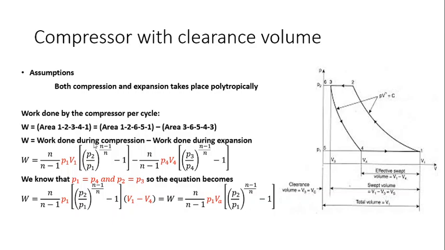Substituting the polytropic work done for compression and expansion, we get work equal to n/(n-1), where n is the polytropic index, times P1 V1 into (P2/P1)^((n-1)/n) minus 1, minus n/(n-1) P4 V4 into (P3/P4)^((n-1)/n) minus 1.